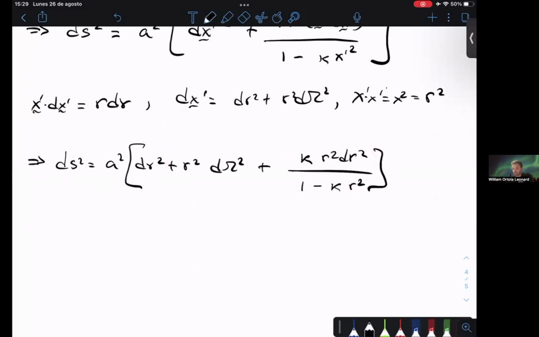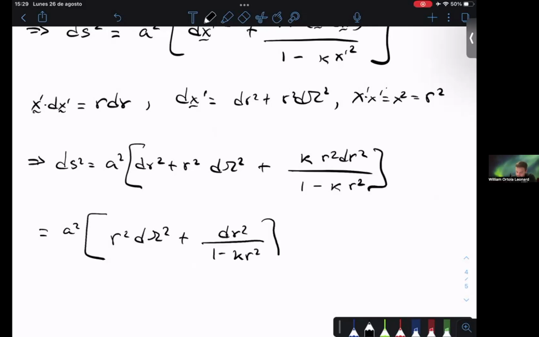And what it ends up giving us, and I'll let you do this, but you'll see, is r squared times the solid angle squared plus dr squared divided by 1 minus k times r squared, which finishes our derivation for the metric in an isotropic and homogeneous universe.